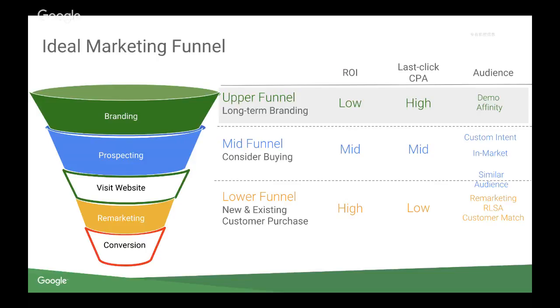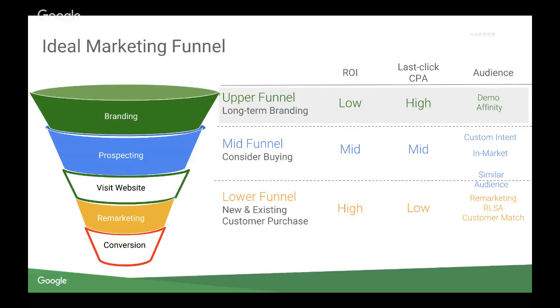The lower funnel, I believe, is very familiar to our advertisers, because the lower funnel is all about using client data. People who visit the client website, you could do remarketing on display. People who visit the client website and search for the client's branded terms, you can do remarketing lists for search ads, RLSA.